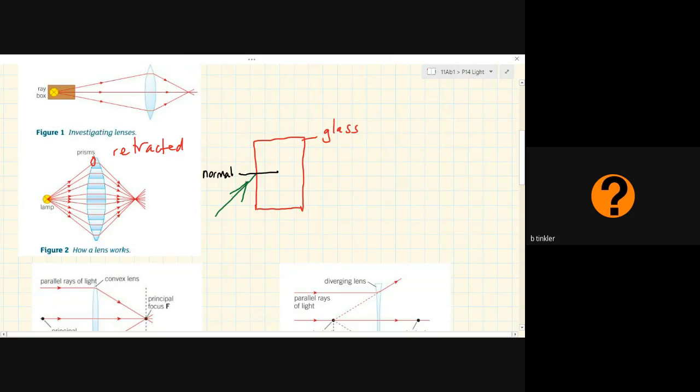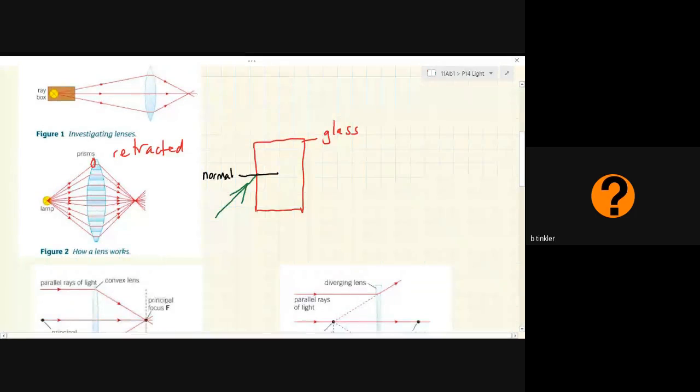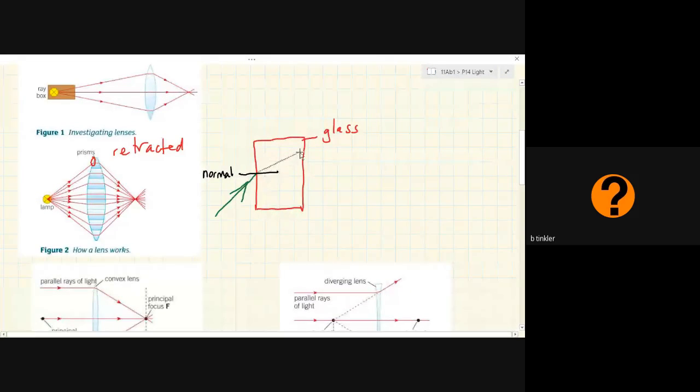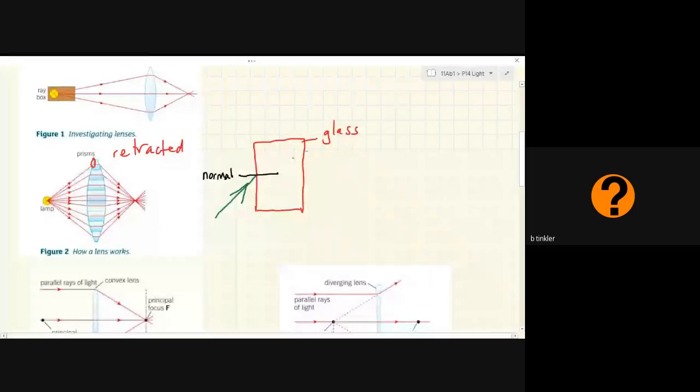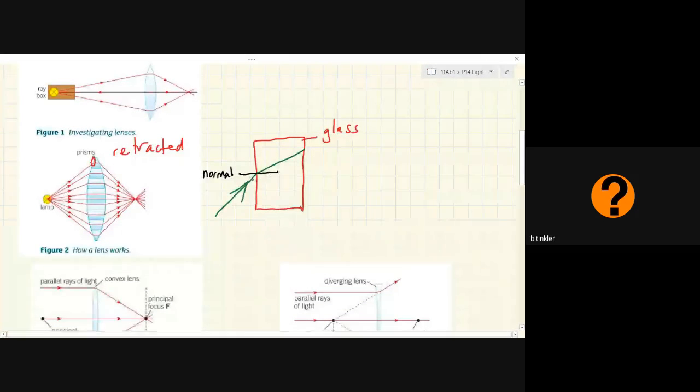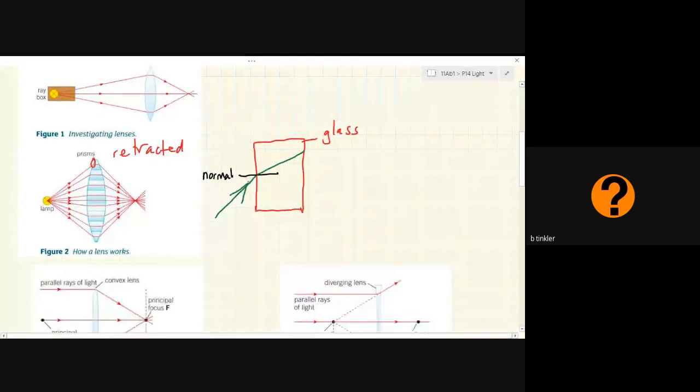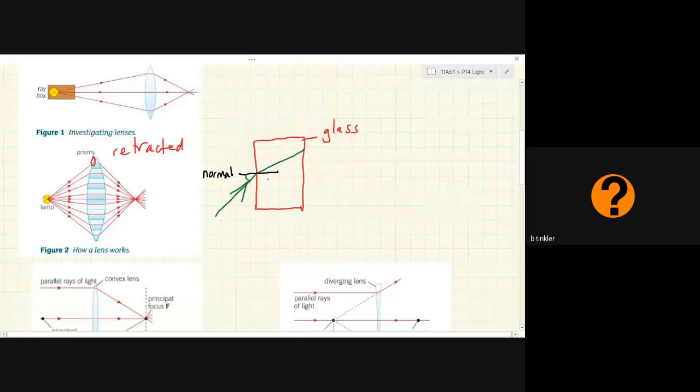The incident ray of light entering the glass slows down, changes direction, and bends towards the normal. In other words, the angle between the normal and the incident ray is larger than the angle here.